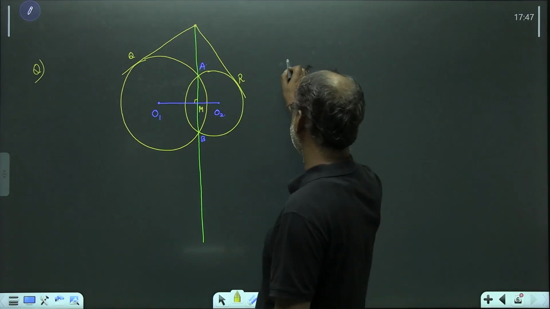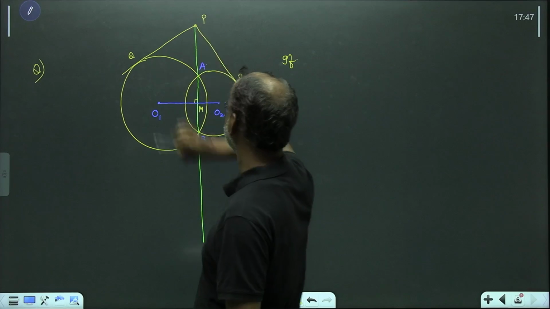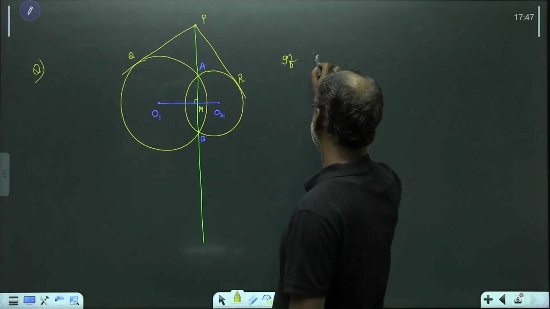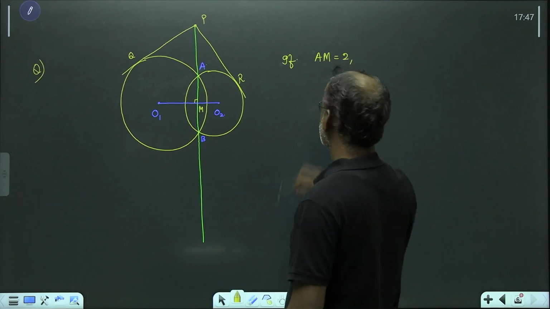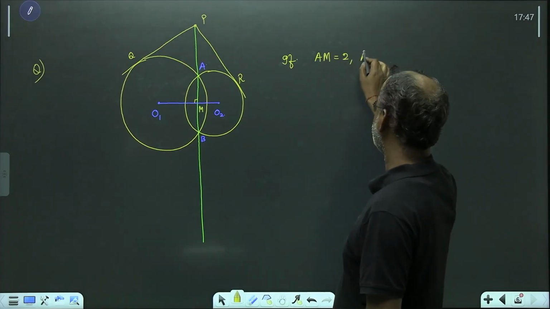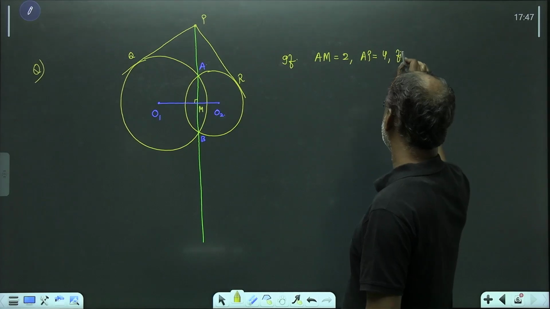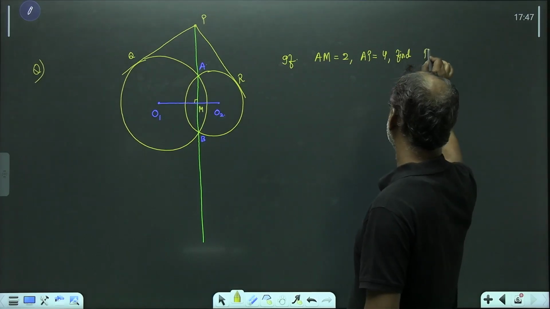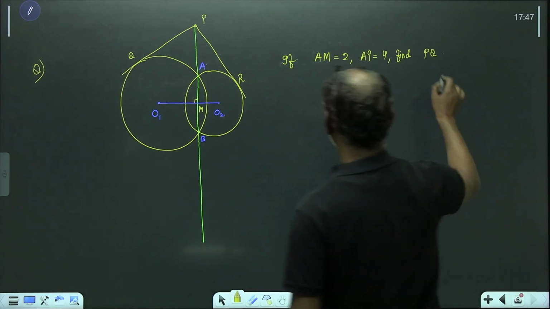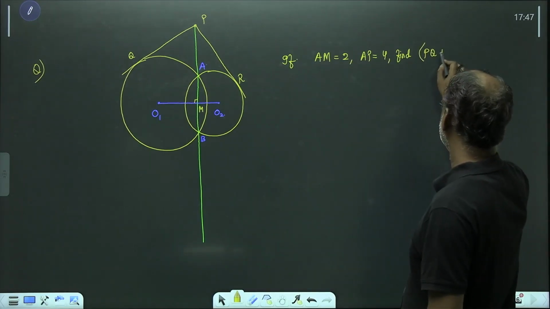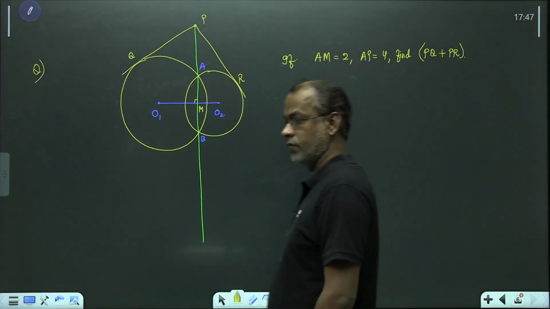The question said if AM is equal to 2, AP is equal to 4, find PQ plus PR, because that is common to all of them.